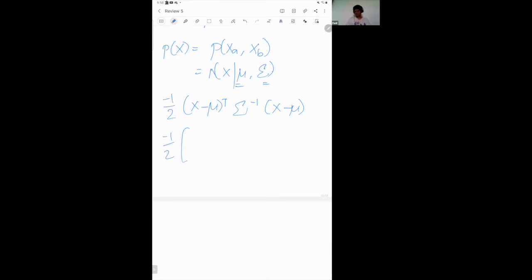Now I'll unroll this to get our sub-vectors xa, nu a, xb, nu b: xa minus nu a, xb minus nu b, transpose. And as I said, dealing with the precision matrix is easy because sigma inverse is equal to the precision matrix. And then again, I have the same thing.